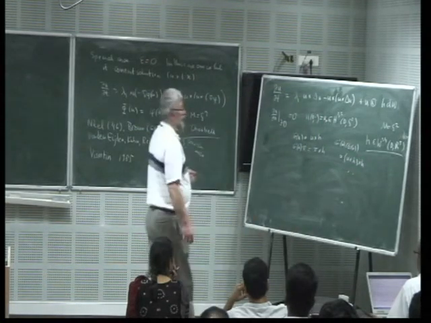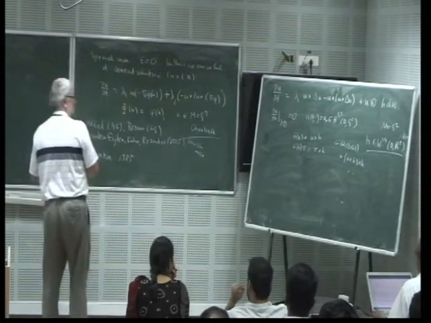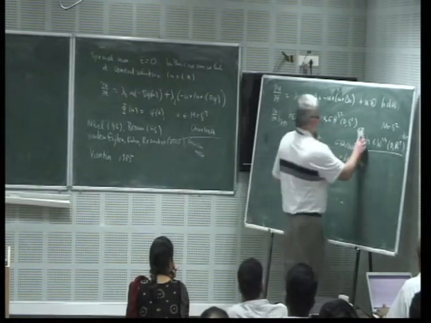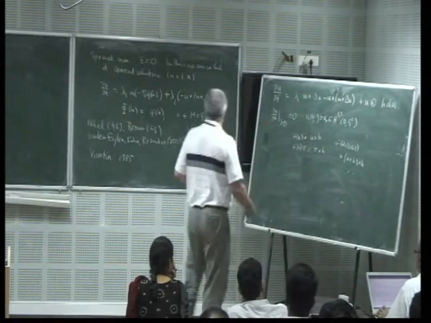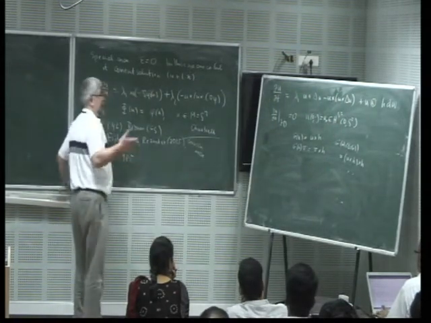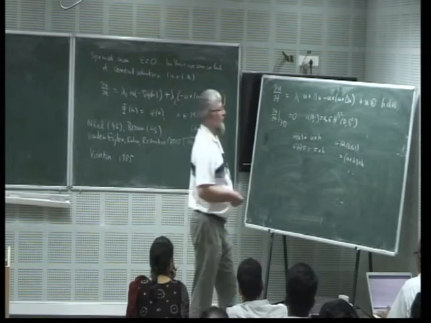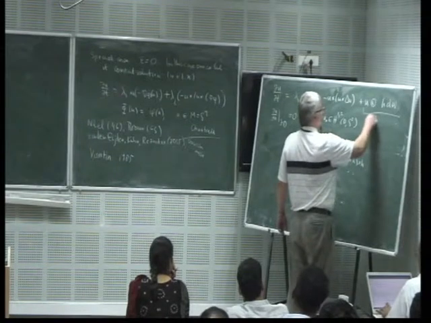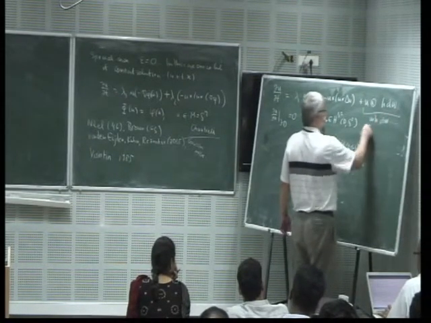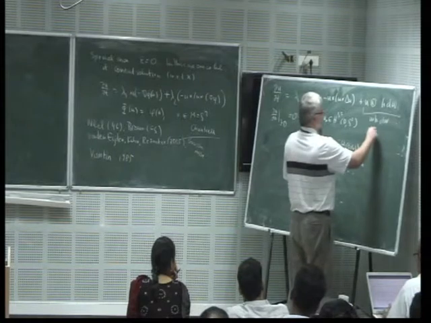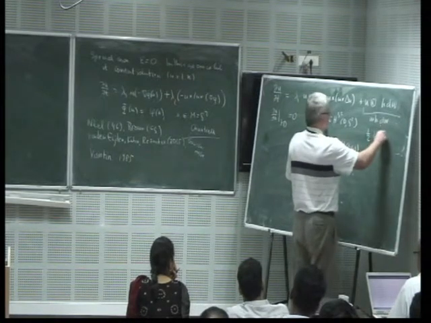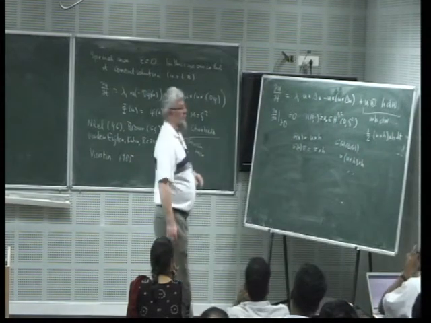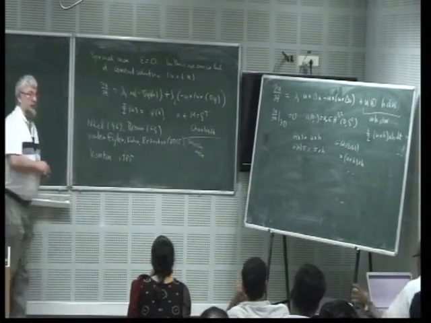So if you want to write our equation in the Ito form, it is U cross H dW plus 1/2 (U cross H) cross H dt. That is our equation in Ito form.